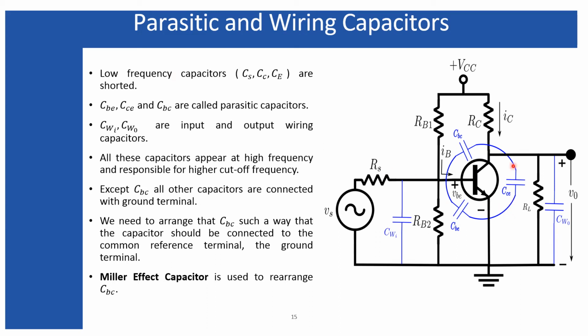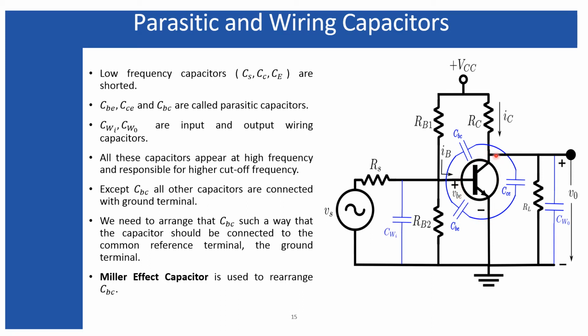However, this collector to emitter capacitor, which is appearing across this collector to emitter terminal, is not due to the physical junctions, because no physical junction exists between the collector and emitter. This capacitor is a cumulative effect of the collector to base junction and base to emitter junction.